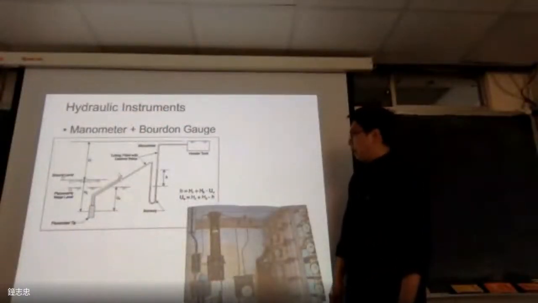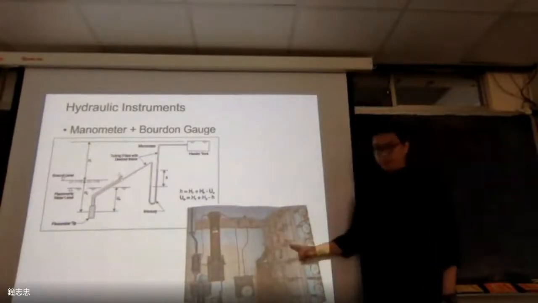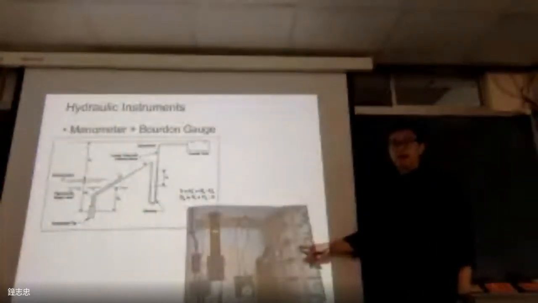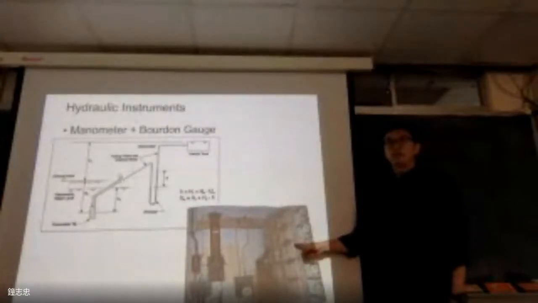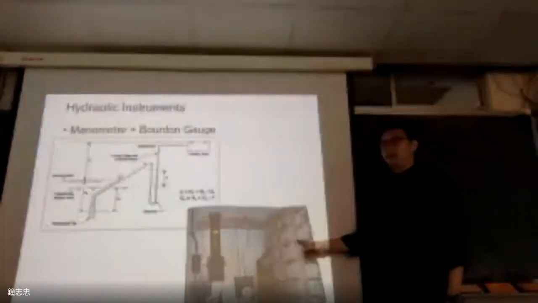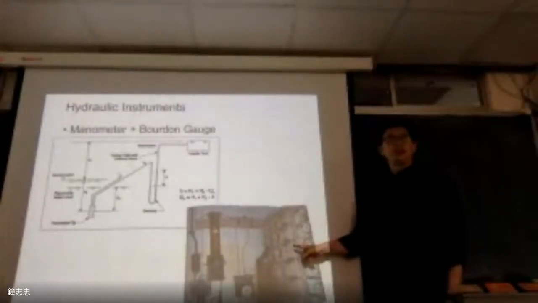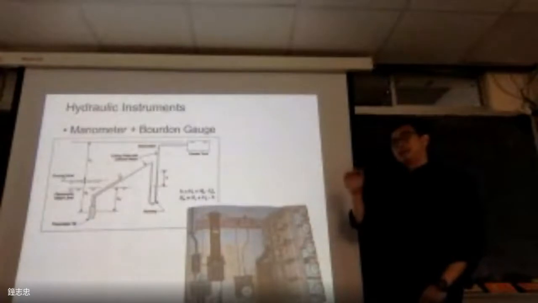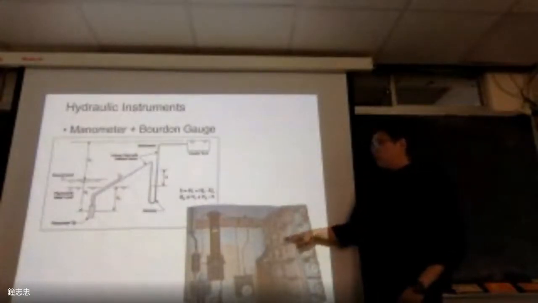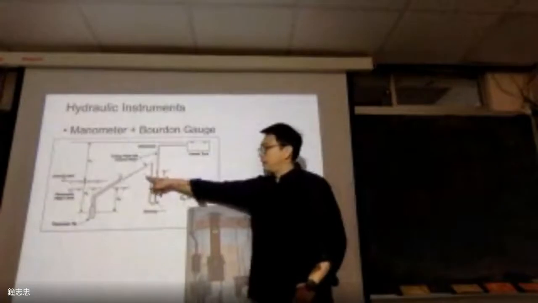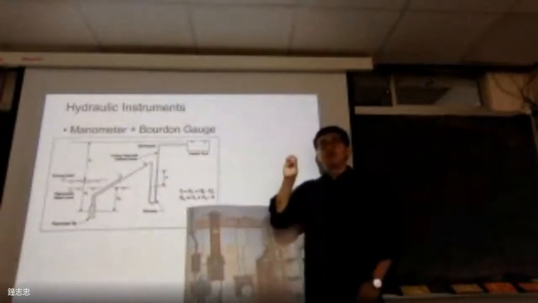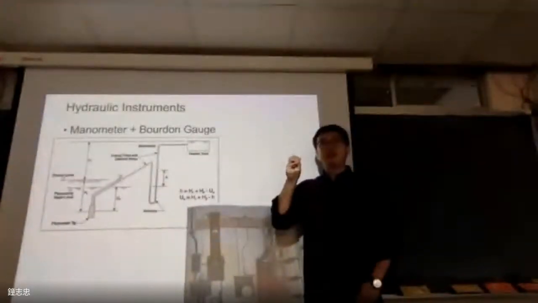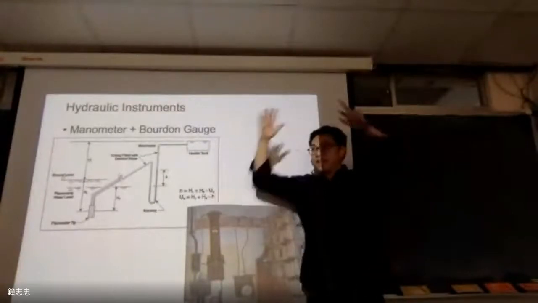So this is a practical picture. I got it from the Zhengwen Reservoir, the biggest reservoir in Taiwan, more than maybe 50 years old. At the beginning of the construction of the earth dam, they put in some tubes to measure the earth and water pressure inside the dam.